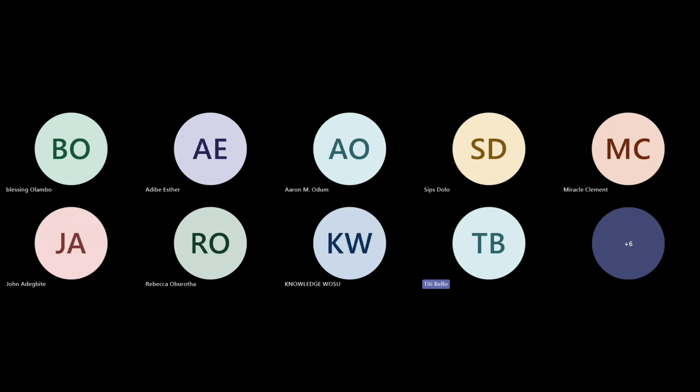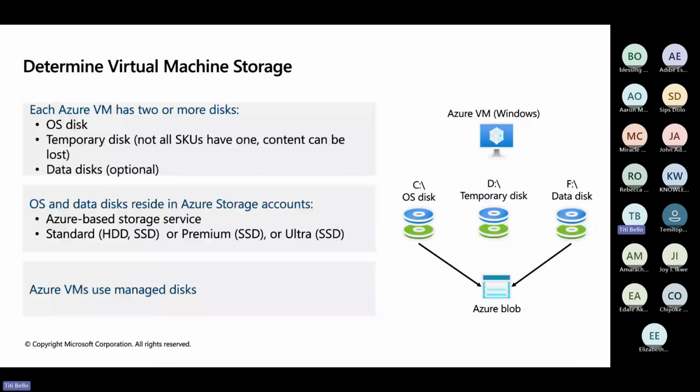So it says an Azure virtual machine has two or more disks. We have the OS disk, the temporary disk, and the data disk. The data disk, as I said, is optional. Then the operating system and data disk reside in the Azure storage accounts. Note that's where they reside.